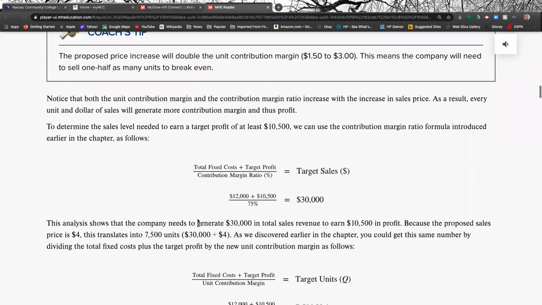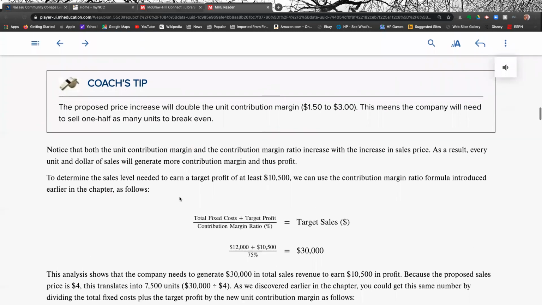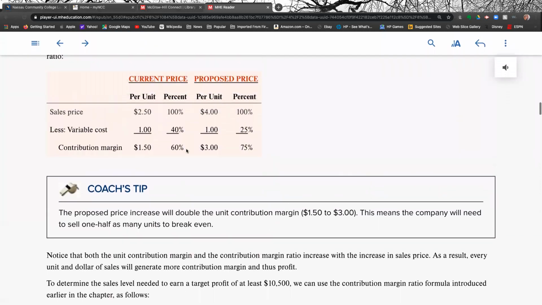So how many cups of coffee would we have to sell, or what's the dollar volume in sales that we'd have to have in order to hit certain targets? In this particular case, the contribution margin percentage comes out to 75%. Here it was 60%.